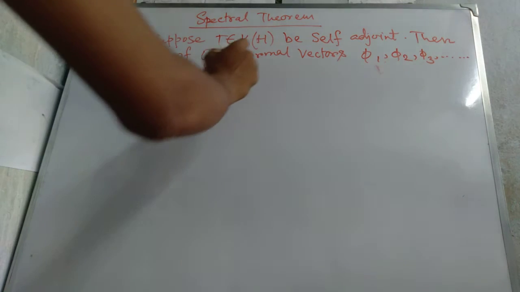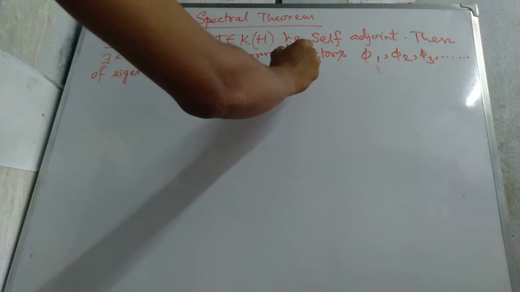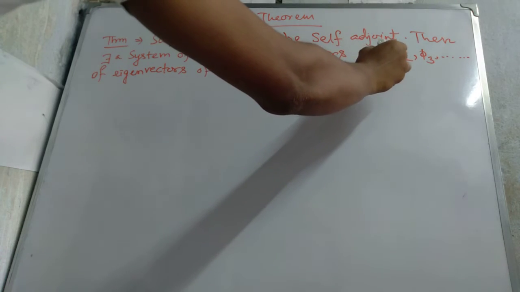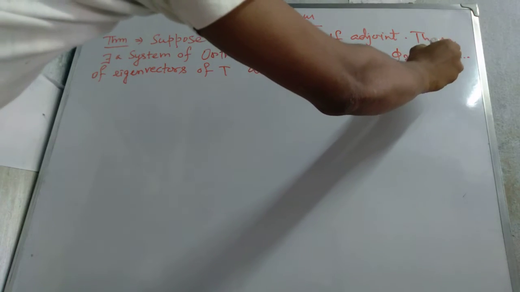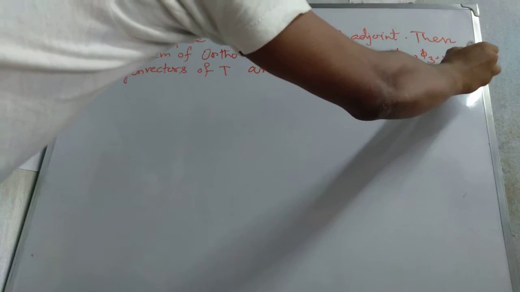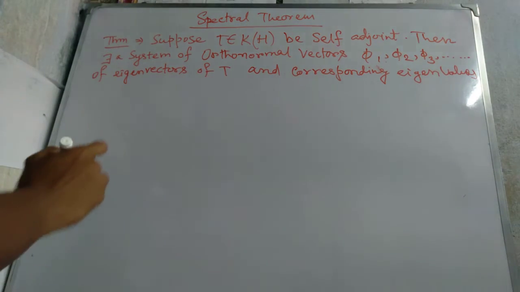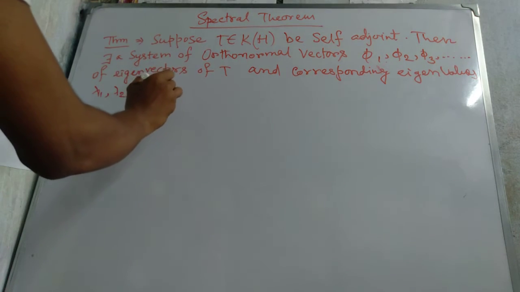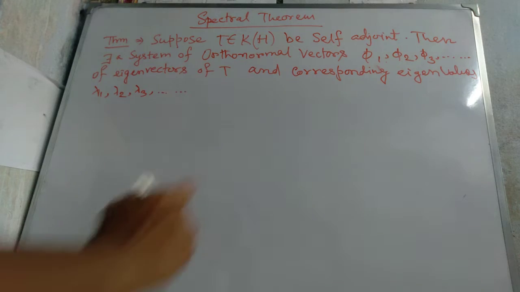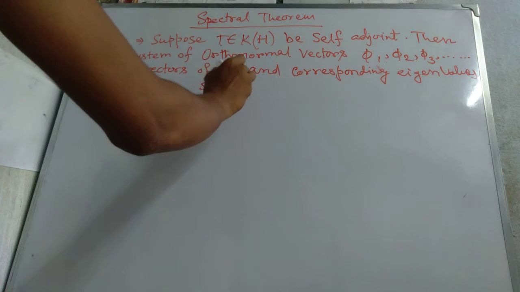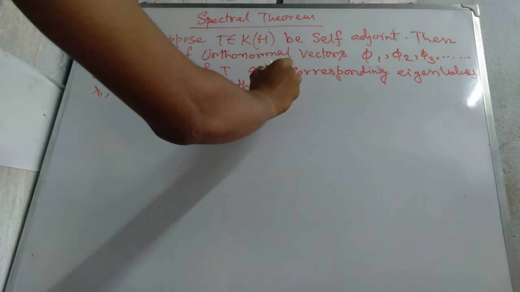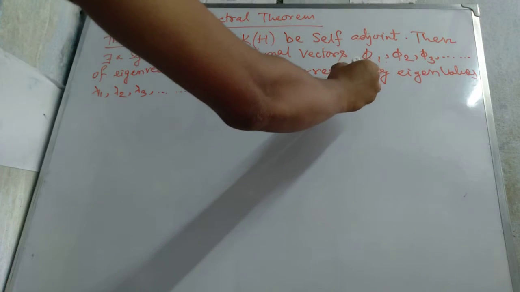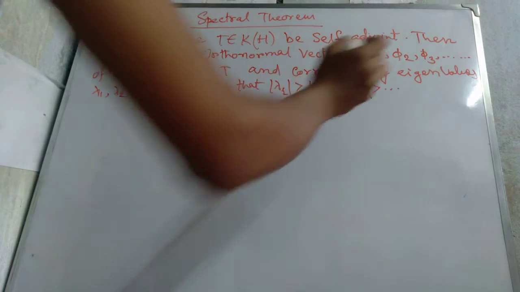And corresponding eigenvalues lambda 1, lambda 2, lambda 3, ... such that the modulus of lambda 1 is greater than the modulus of lambda 2, greater than the modulus of lambda 3.